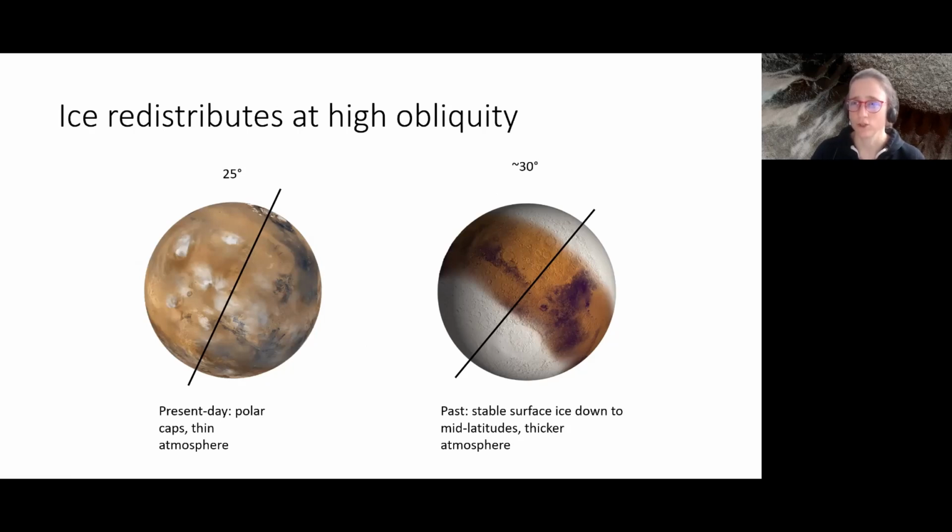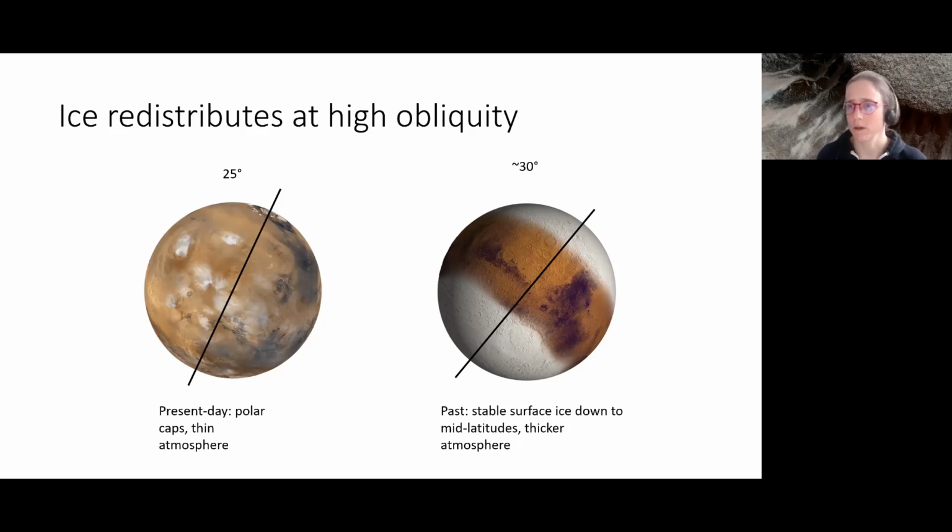So that would produce a net sublimation of the polar caps, redistributing the ice to lower latitudes, as you can see in this schematic diagram. What that means is you have much higher humidity in the atmosphere as the ice is transported around. A thicker atmosphere, because we actually think that part of the south polar cap is composed of CO2, so we have a thicker atmosphere.